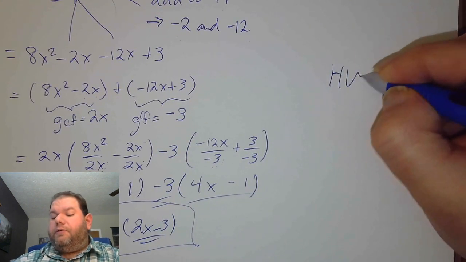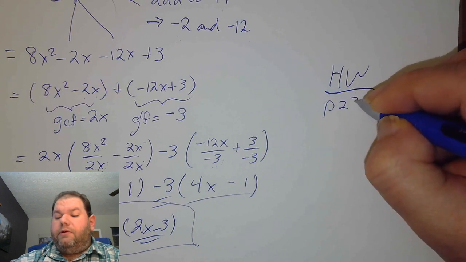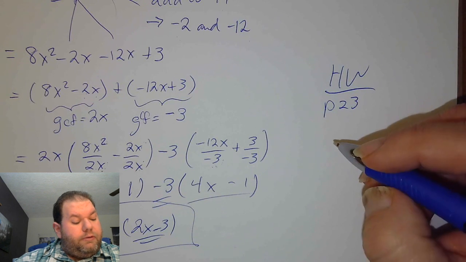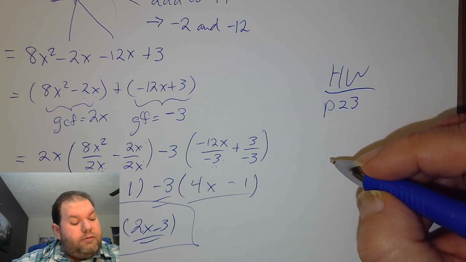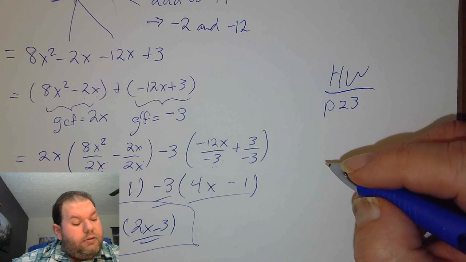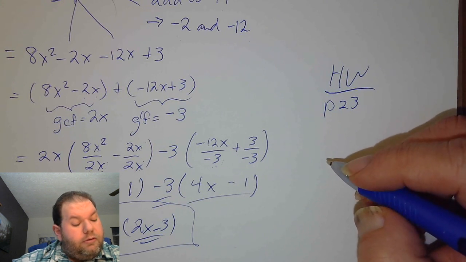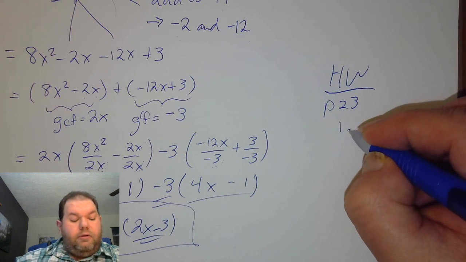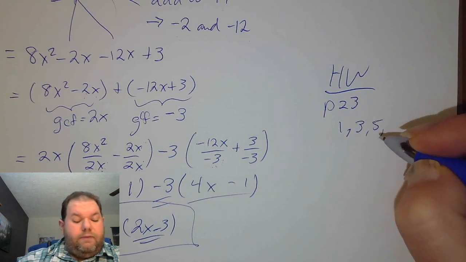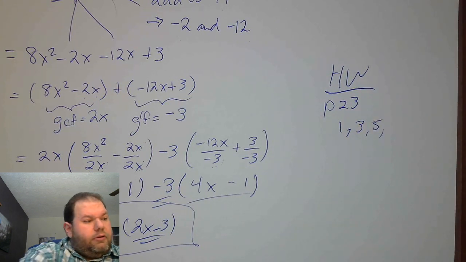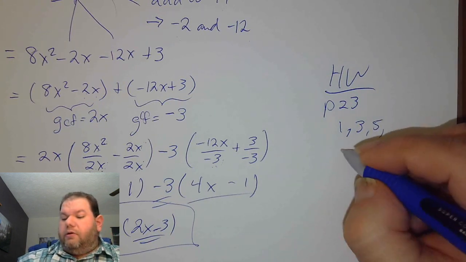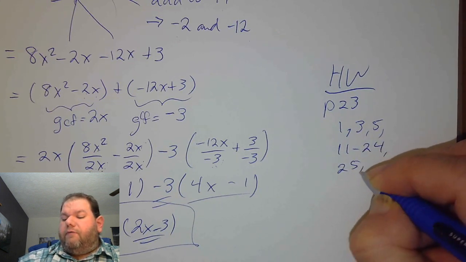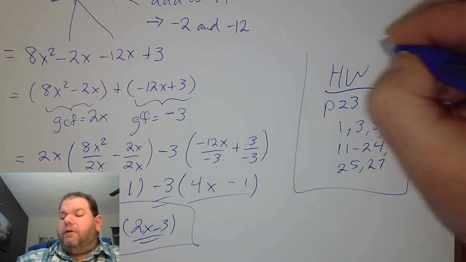As far as homework goes, on page 23 in the book, I'm going to have you do 1, 3, 5, 11 through 24, and then 25 and 27 I would like you to practice.